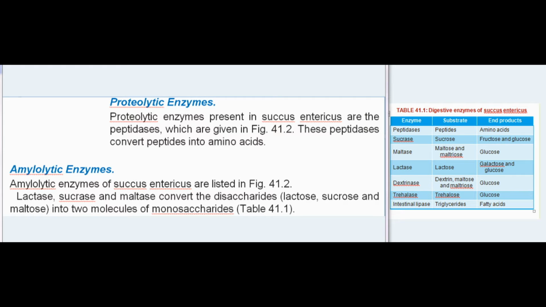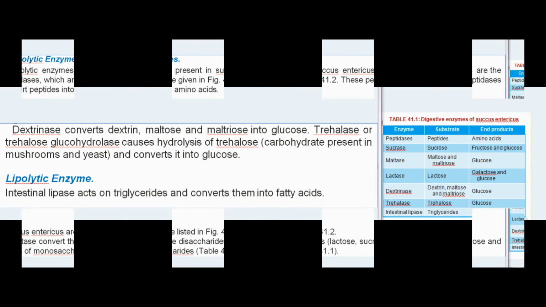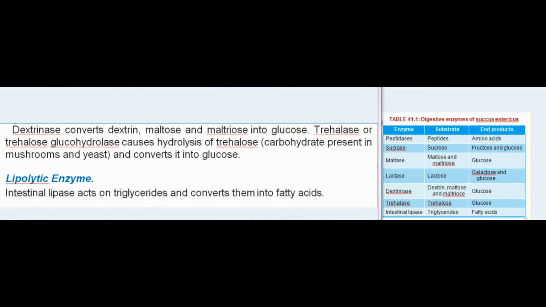Lactase, sucrase, and maltase convert the disaccharides, lactose, sucrose, and maltose, into 2 molecules of monosaccharides, Table 41.1. Dextrinase converts dextrin, maltose, and maltotriose into glucose. Trehalase or trehalose glucohydrolase causes hydrolysis of trehalose, carbohydrate present in mushrooms and yeast, and converts it into glucose. Lipolytic enzyme. Intestinal lipase acts on triglycerides and converts them into fatty acids.